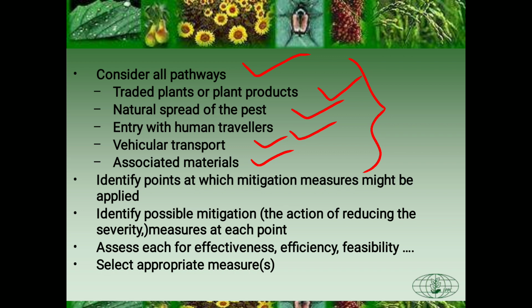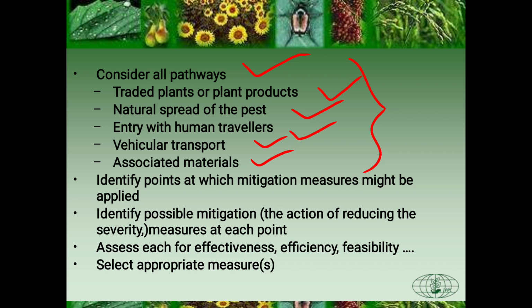Next, we identify the points at which mitigation measures might be applied. Mitigation means taking action to reduce the severity of that pest. That means at which point we have to apply that control measure.